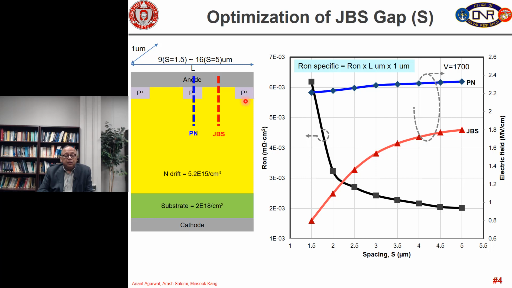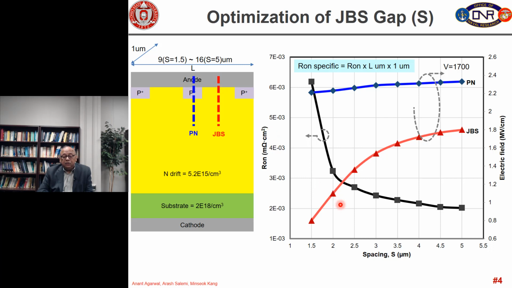What we are plotting is the electric field along this vertical line in the middle of the JBS gap as a function of JBS spacing. This red line indicates the electric field in the middle of the JBS gap, right here at this point.